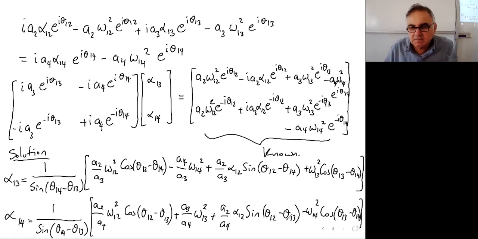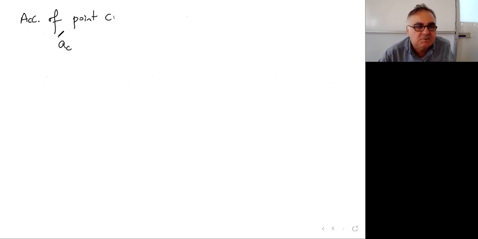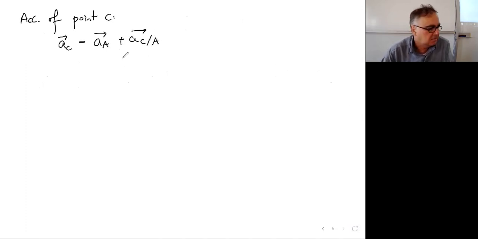Such is the result. As we know, there is a lot of complications. Well, finally, if you want to find the acceleration of point C for some reason, you write acceleration of C is equal to acceleration of A plus acceleration of C relative to A. AA can be found.